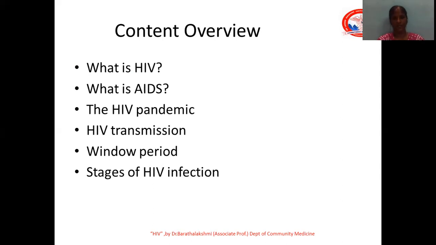Earlier, 50 years back, this disease was not known to us. Only for 50 years have we been knowing about this disease, and the disease is progressing, and many research works are going on against this infection. Diseases like leprosy and tuberculosis have a history of decades and centuries.